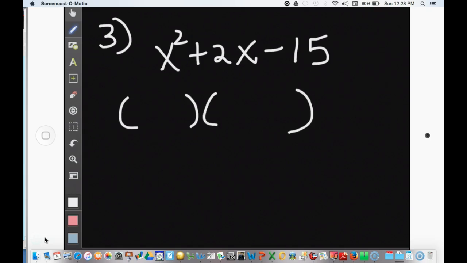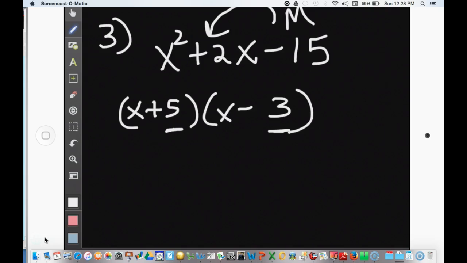In order to get an x squared, we need to multiply x times x. Now our last term has to multiply to negative 15. But the key is we want the two last terms to multiply to negative 15, but add up to positive 2, which gives us a plus 5 times a minus 3.